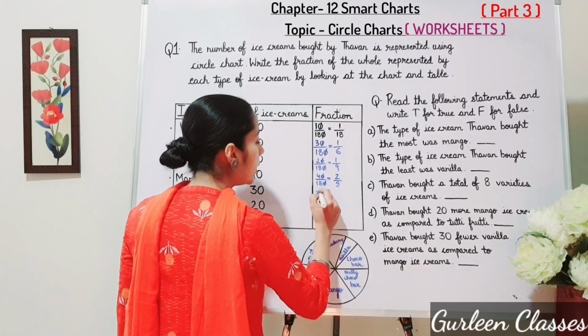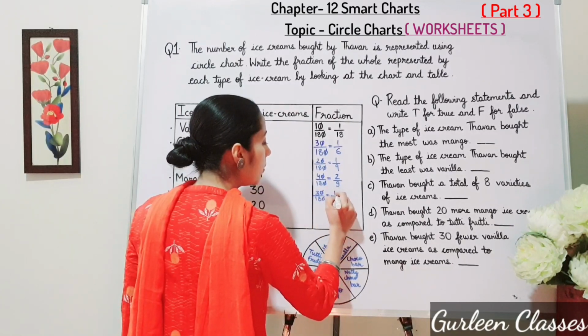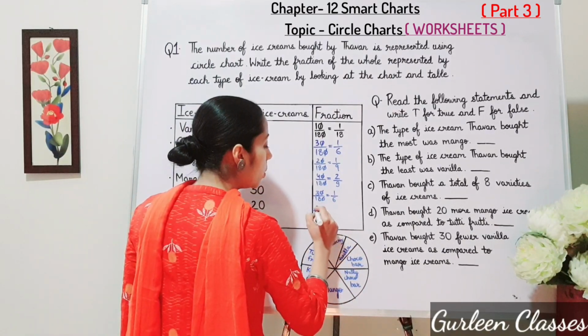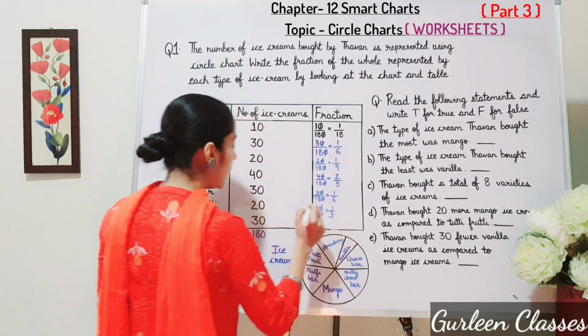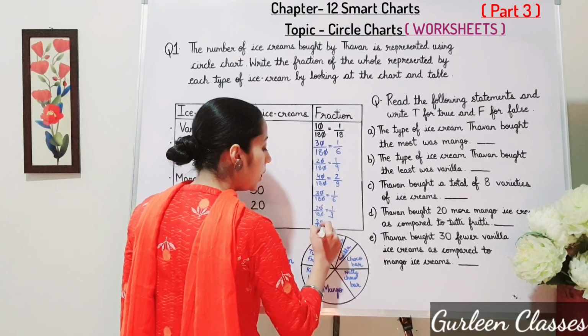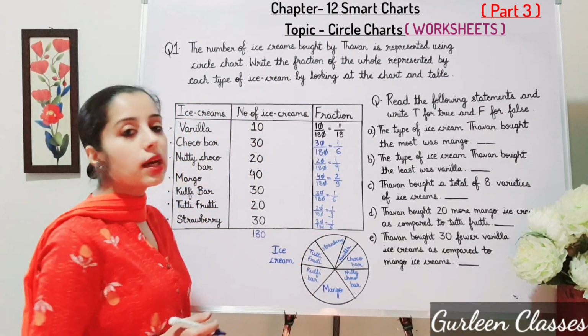Kulfi bar are 30. 30 upon 180, 0, 0 cancel. 1 upon 6. Tutti frutti are 20. 20 upon 180, 0, 0 cancel. 1 upon 9. Strawberry are 30. 30 upon 180, 0, 0 cancel. 1 upon 6. So these are the fractions.